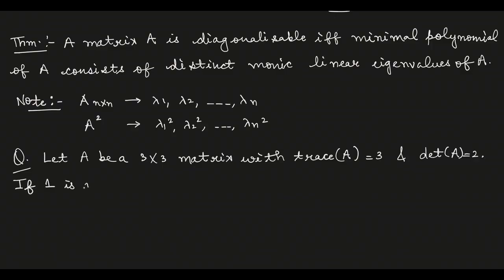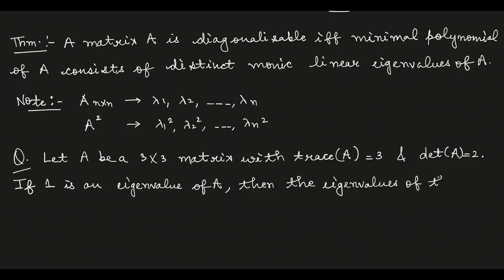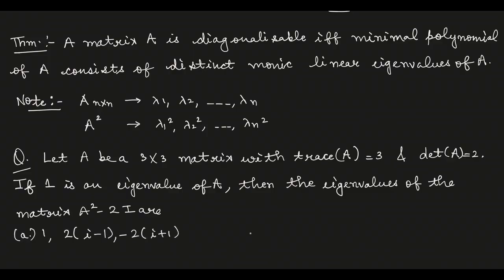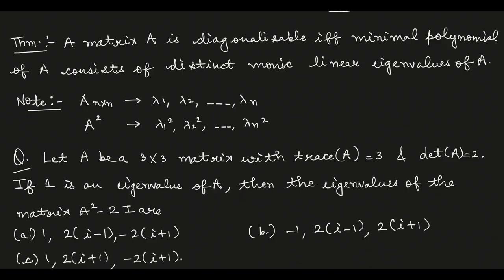If 1 is an eigenvalue of A, then the eigenvalues of the matrix A square minus 2i are: option A, 1, 2 iota minus 1. Try this.